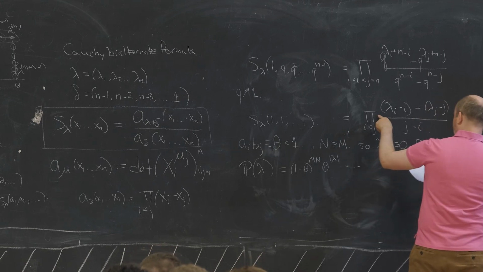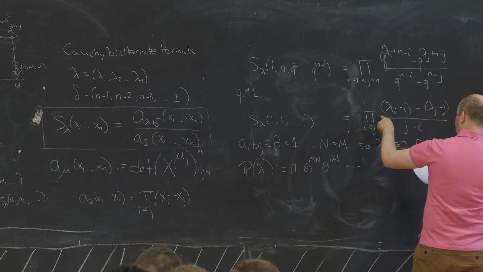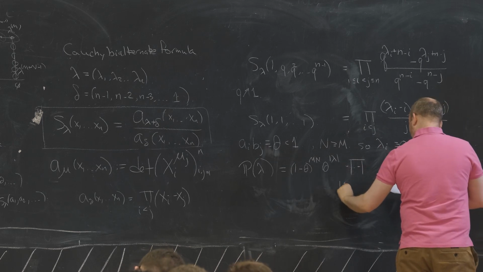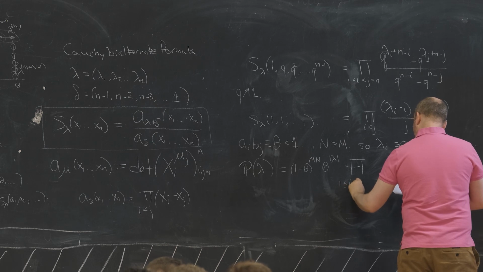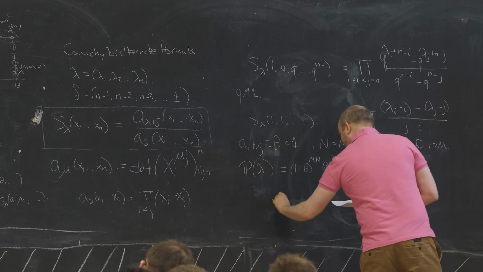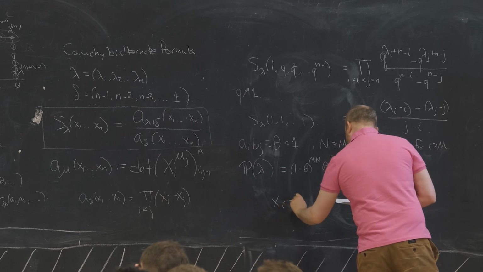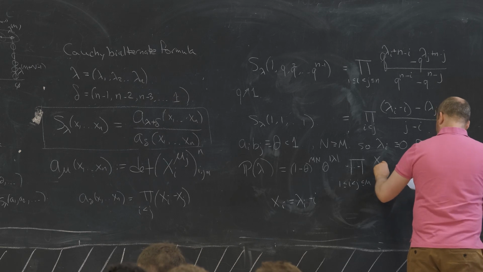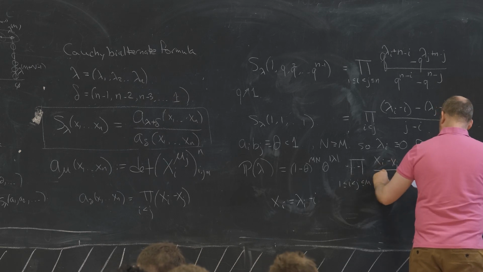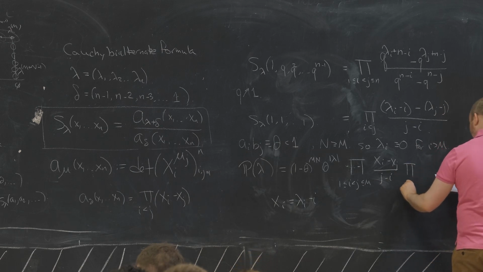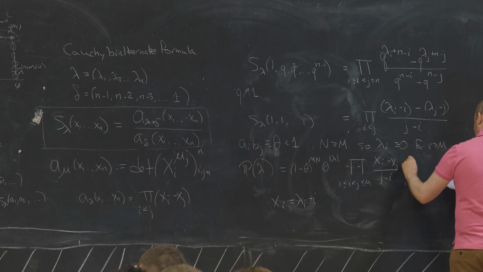And then I'm left with this type of expression here. If I write it explicitly, I get the product over i less than j less than or equal to m, using the coordinates x_i equal to lambda_i minus i. I do this shift, and I get (x_i minus x_j) over (j minus i). And then I have some additional terms left over.